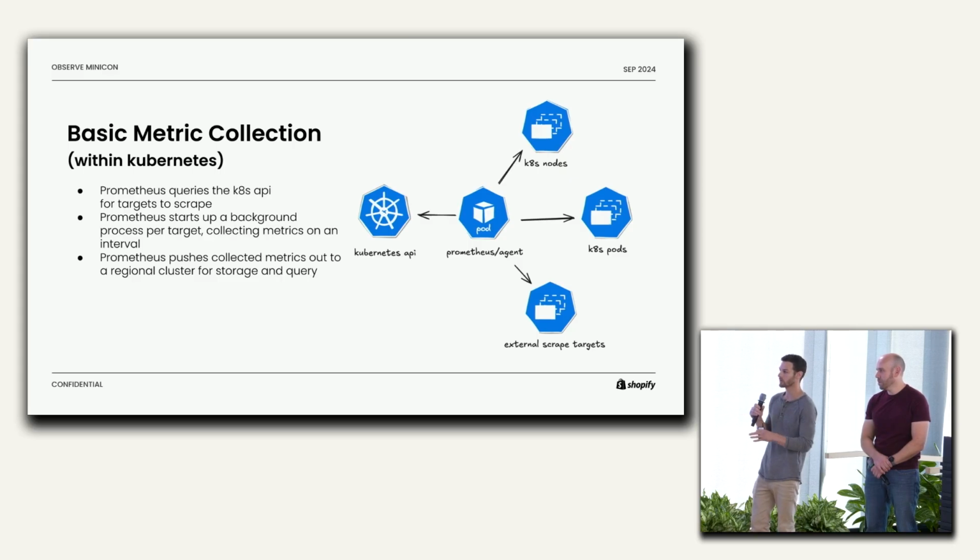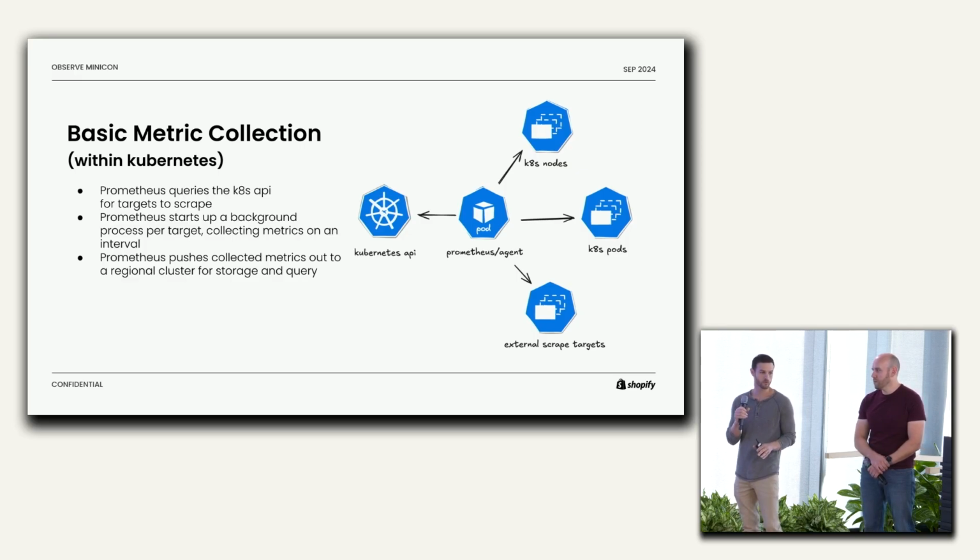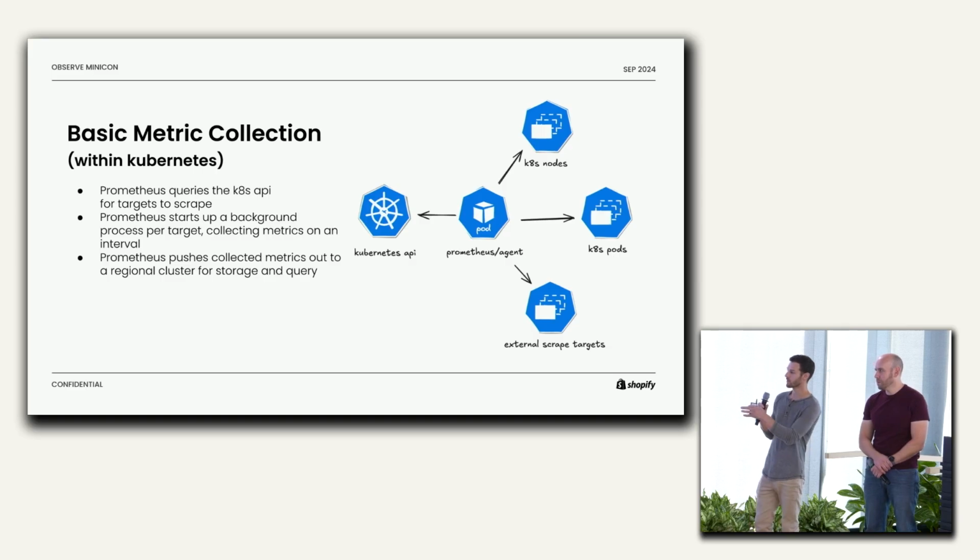What's not shown in this diagram is that externally, you might have a regional cluster that you're pushing these metrics to for long-term storage. Prometheus talks with the Kubernetes API to discover all of the services that exist within the cluster, keeps track of those, and then goes and monitors them, scraping every 30 seconds.